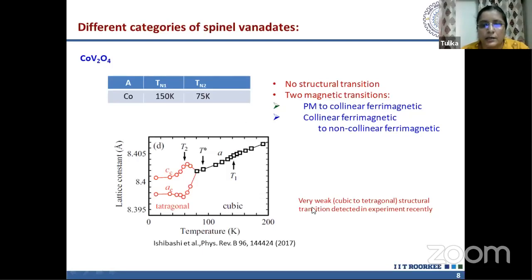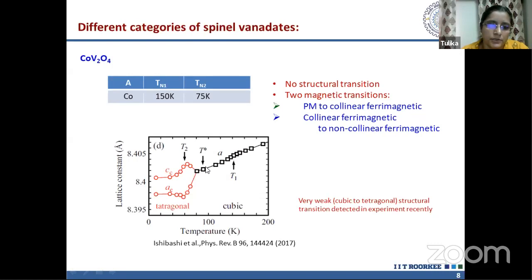Very recently, one report has done a high resolution neutron diffraction experiment on single crystals. They detected a very weak structural transition in this compound from cubic to tetragonal at around 95 Kelvin, but the c/a deviates from 1 by about 0.06% or something.